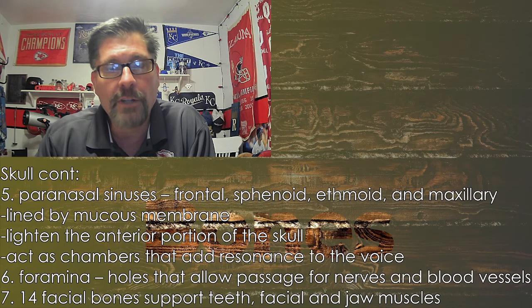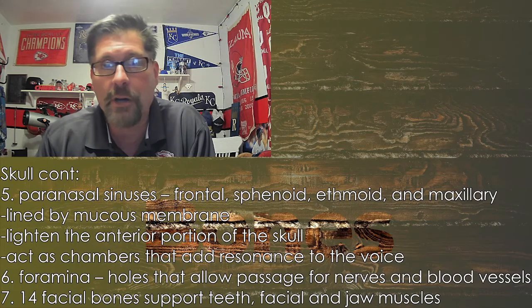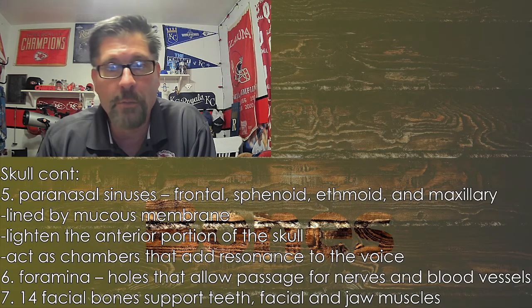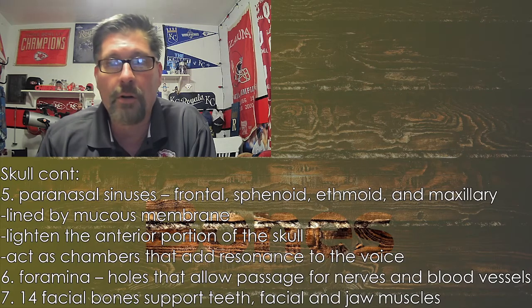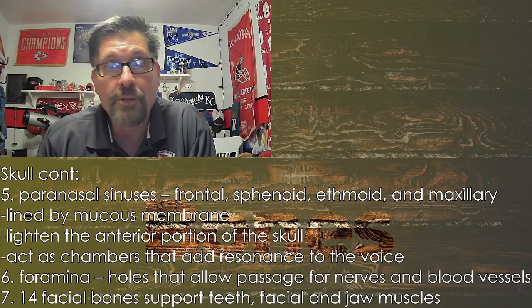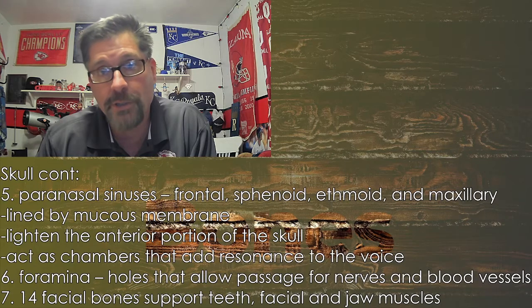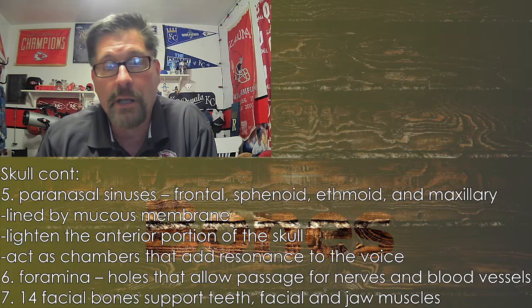One of the things that I didn't mention, and I should have, when we were looking at the general structures of the skull, I didn't mention foramens, or in this case you can see on the screen foramen, and foramina is the plural. Those are also small holes, just like an orbit and a cavity.